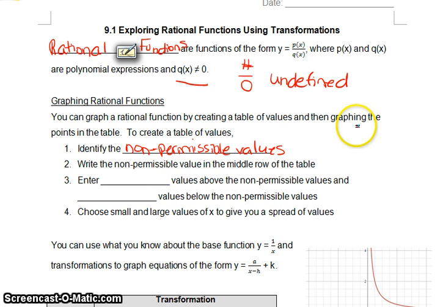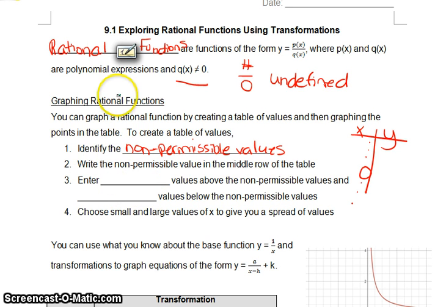So just to put that out, here if we have x and y, say there's just one undefined value, say it's 0. You're going to put that undefined value in the middle, then plot some points above it and some points below it, and work through it that way. That way you're seeing this asymptote, or what we're going to see is a point of discontinuity, and from there you can graph it.